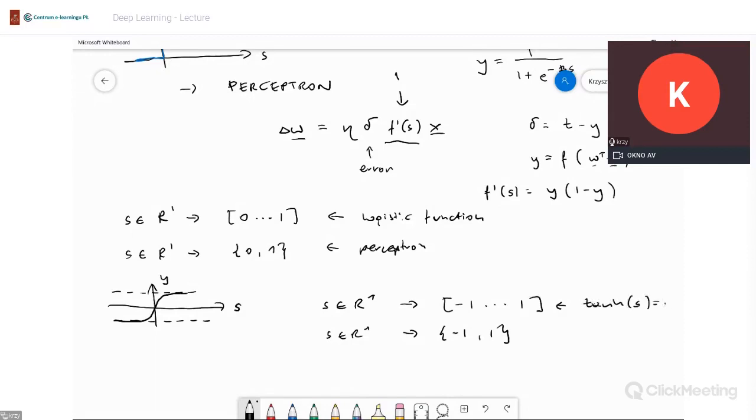So y is just a hyperbolic tangent of S, and this is just a simple sign function, sign of S. So this latter one will be just the function that assumes either 1 or -1. So these are counterparts of the logistic and step functions.